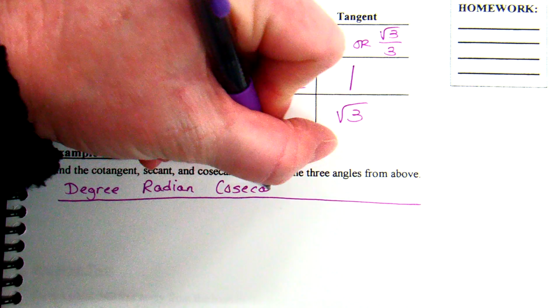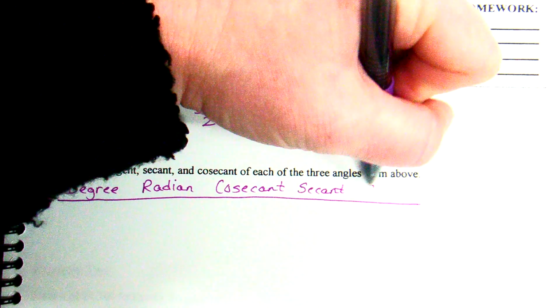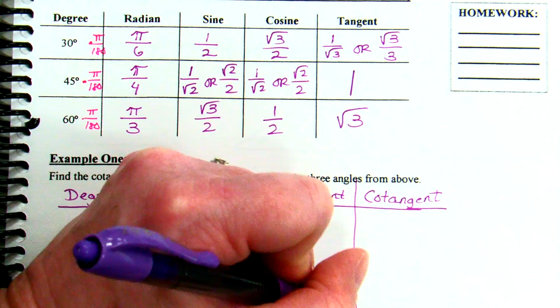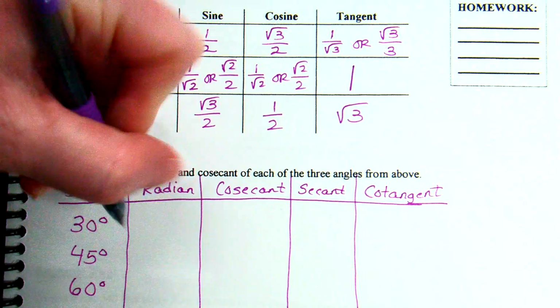What's the reciprocal of cosine? Secant. And then the reciprocal of tangent, cotangent. And then what are the same three rows we need? 30 degrees, 45 degrees, and 60 degrees.